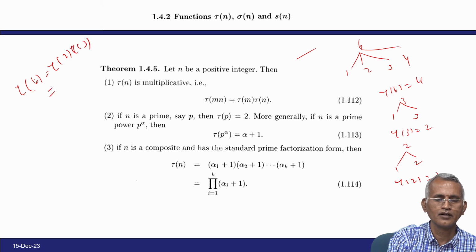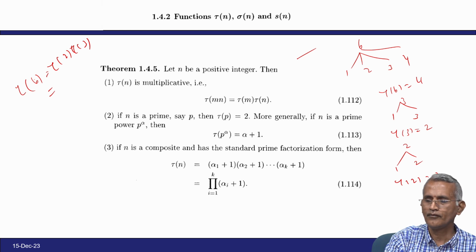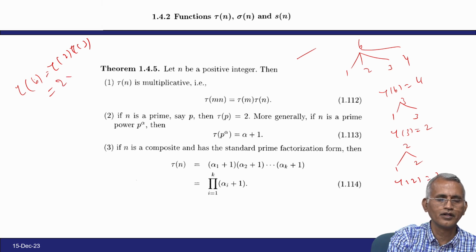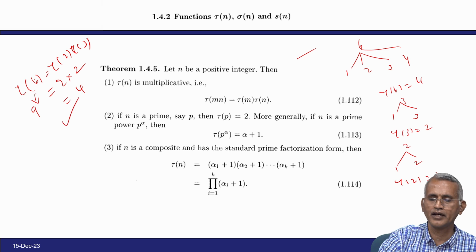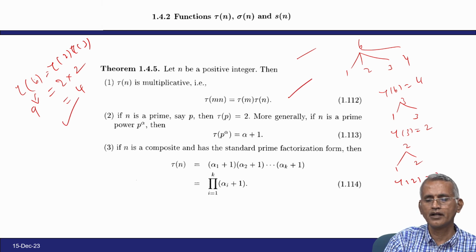Then we have tau of 2 times tau of 3, which is 2 into 2, equal to 4. Tau of 6 is also 4, therefore it satisfies. Therefore, tau of mn equals tau of m into tau of n, that is the first statement.